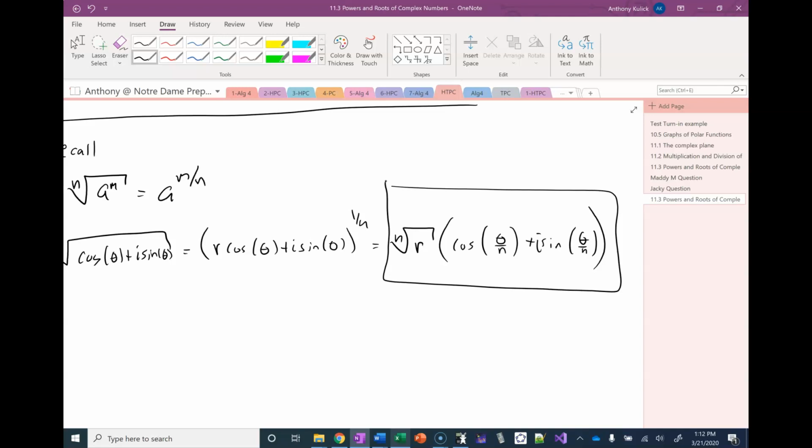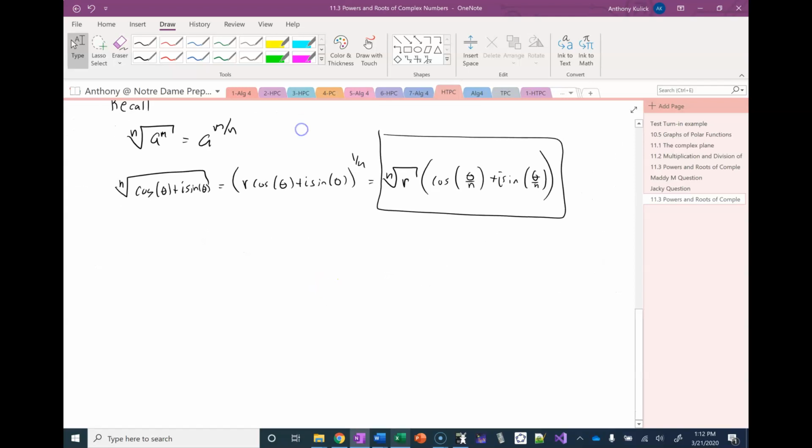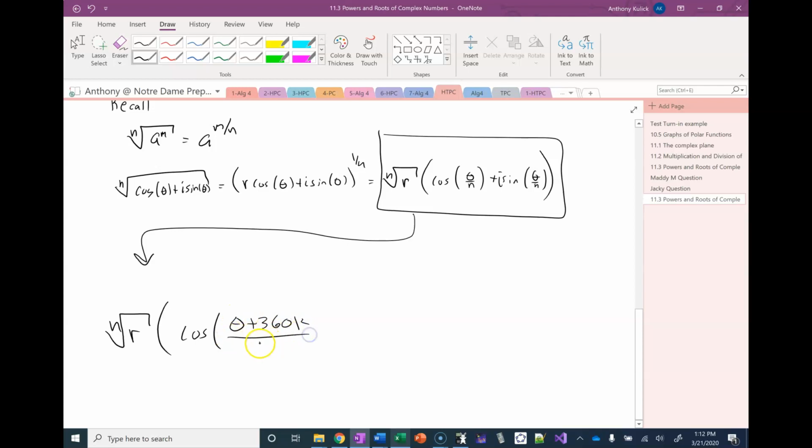So this formula we can actually extend, because we need things that are also going to be coterminal to those angles. So if we extend this, what we're going to get is cosine of theta plus 360k over n plus i sine theta plus 360k over n, where k is going to equal the number 0 up to n minus 1.